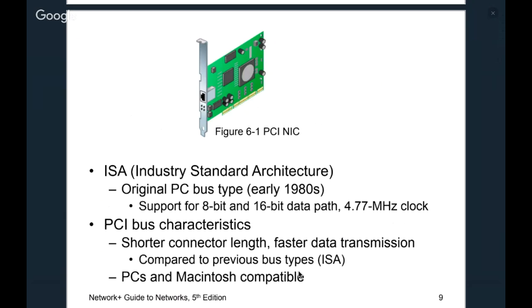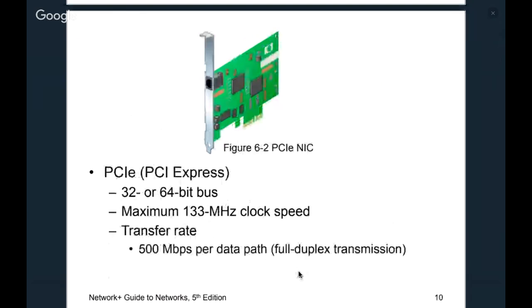PCI bus characteristics: it has a shorter connection path, meaning faster speeds to the bus, and it is available on PC and Mac compatibility. PCI Express is a more modern day type of NIC card. You'll notice at the bottom of the NIC card, the 2 tines available here.